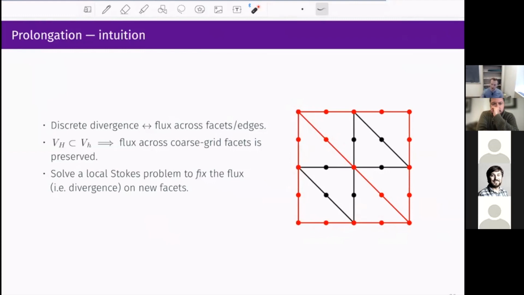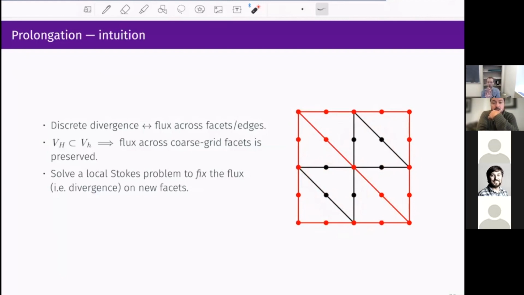OK, so we refine this red mesh to get the black mesh. And so if the interpolation here is exact, it means that the flux across these facets is still exactly the same as before. And so what we can do now, in order to make sure that the flux on this cell, on this cell, on this cell, and this cell still all adds up to 0, is solve little Stokes problems to figure out what these values here should be so that all the fluxes sum up to 0, right?